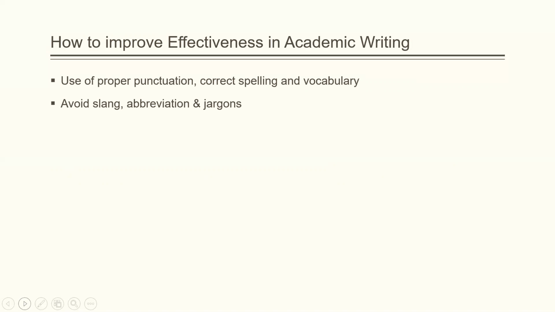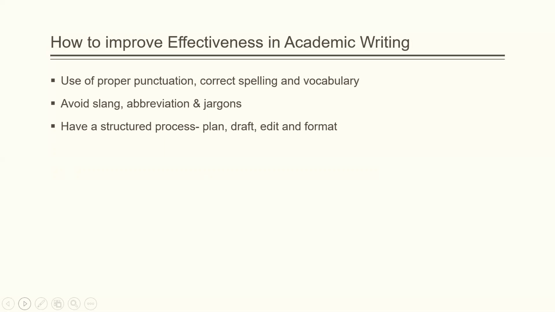Slang, that is a language may be spoken in different ways in different places. We have to follow a uniform pattern. So we have to avoid slang. Abbreviation is a short form, and jargon means the scientific terms that are particular to a field. We should not use too much jargon in our academic writing.